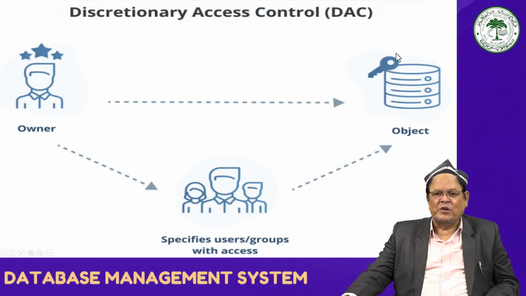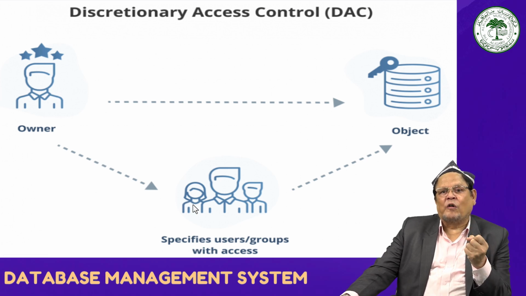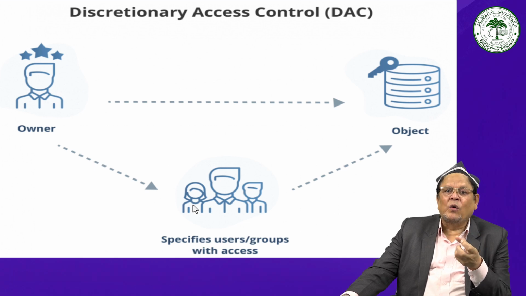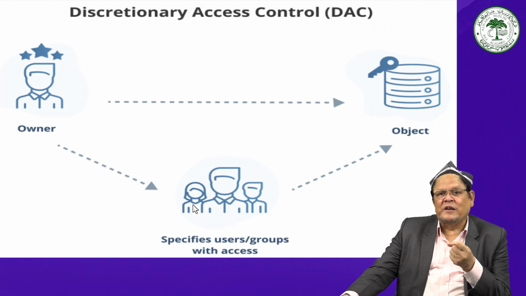The users can access the objects and resources when the owner grants a privilege to select or retrieve information. Then that user can only retrieve information. They cannot manipulate, update, or delete.